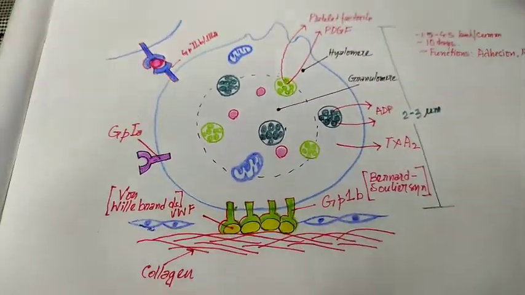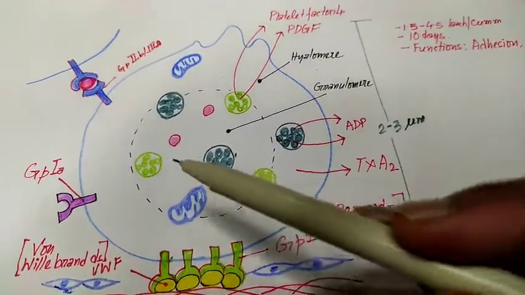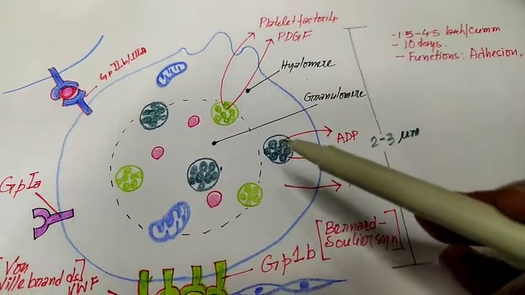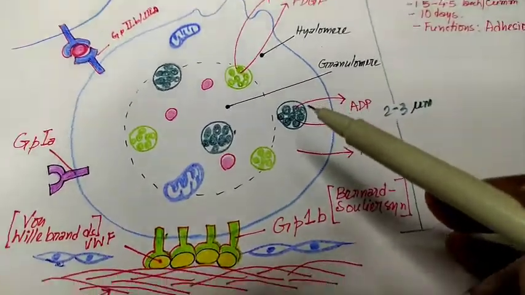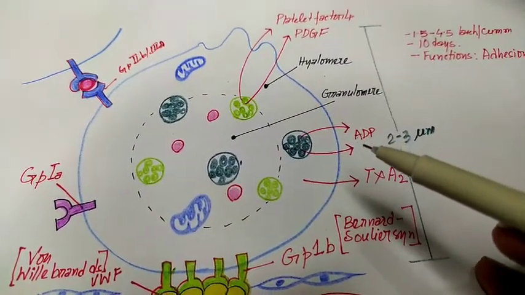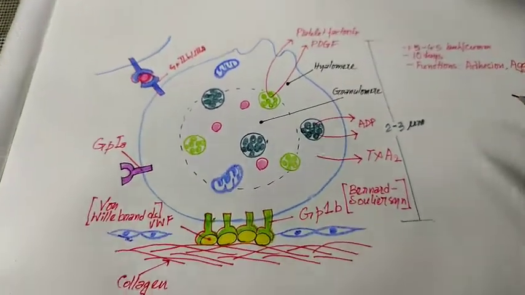functions. Now coming to the central part, there are various granules, and among them these dark green colored granules are dense granules. They mainly secrete ADP, and this ADP is utilized in the process of adhesion and aggregation.